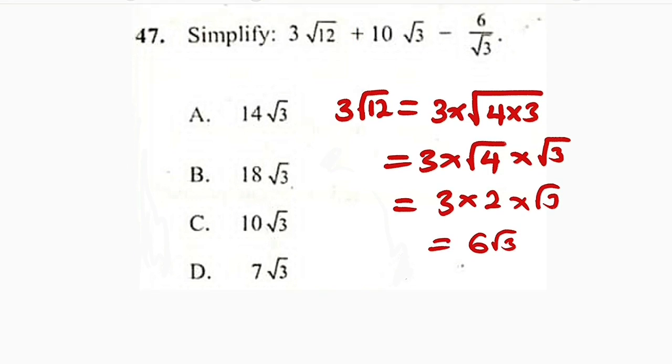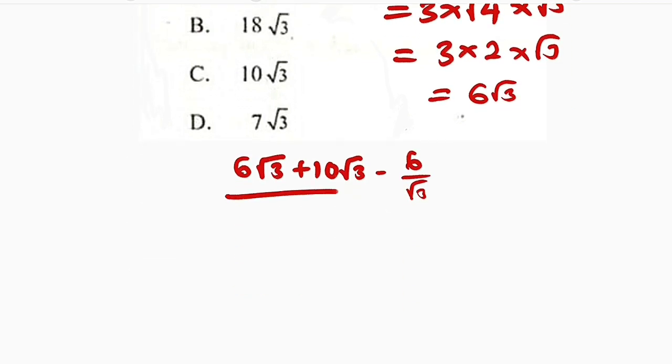So let's combine them together. We have 6 root of 3 plus 10 root of 3 minus 6 divided by root of 3. Together here we have 16 root of 3, then minus 6 divided by root of 3.